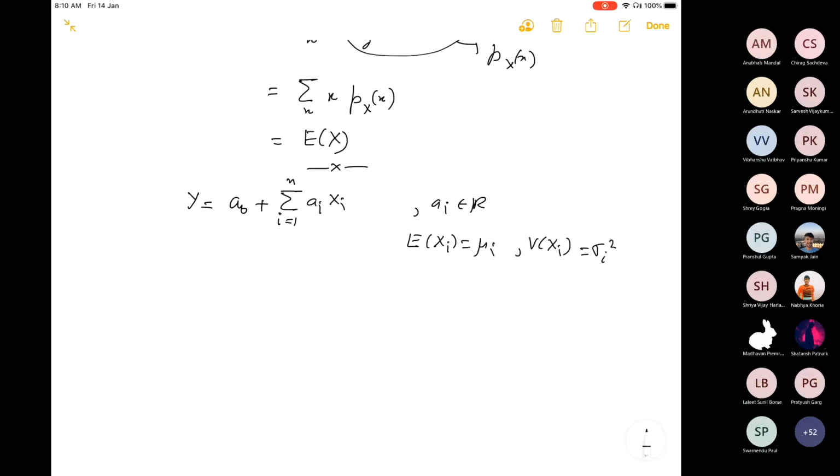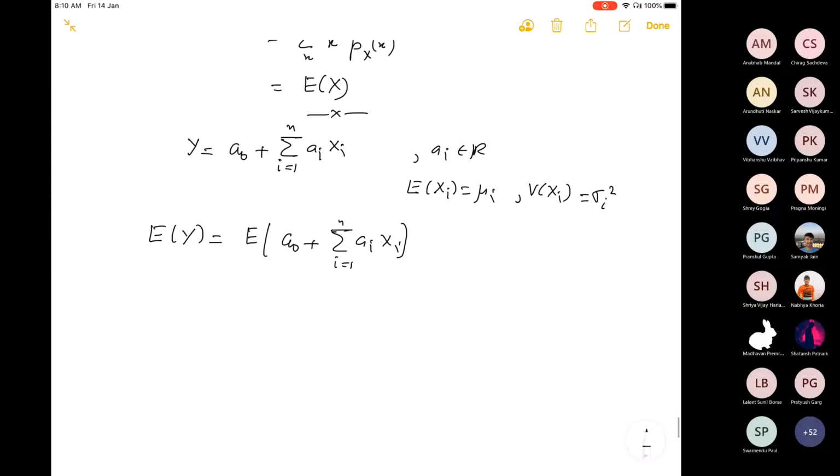Then we want to find the mean and variance of y. So what will be the mean of y? This will be the expectation of a0 plus summation ai xi, i from 1 to n.